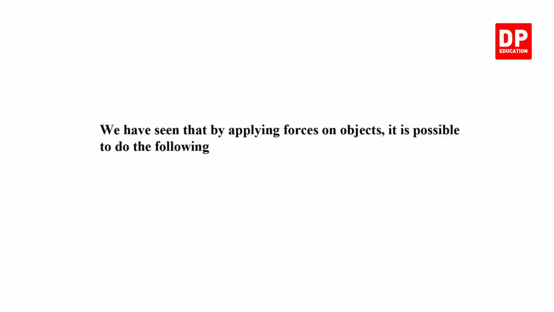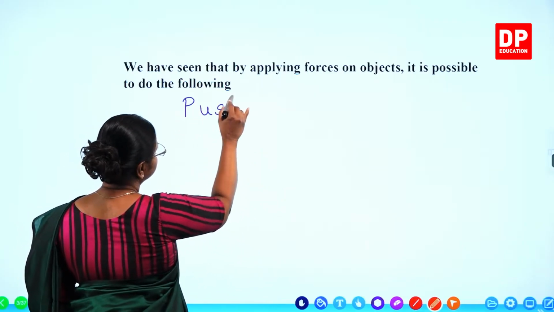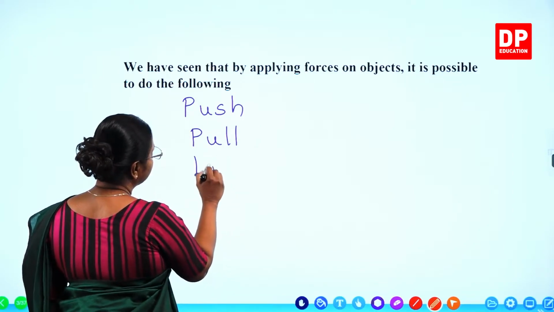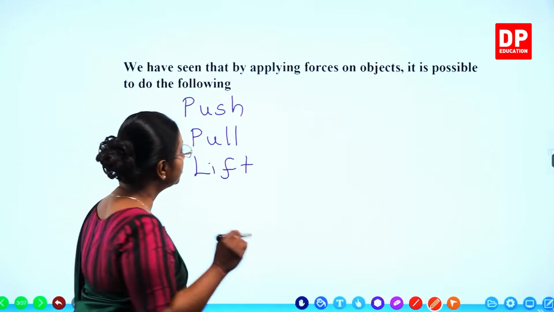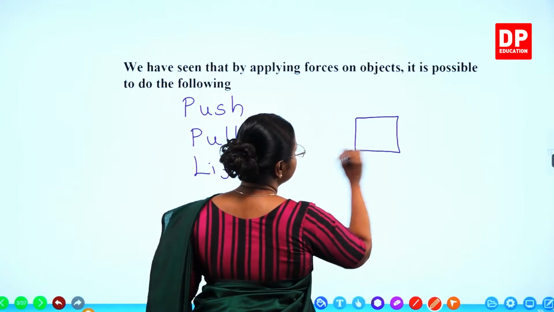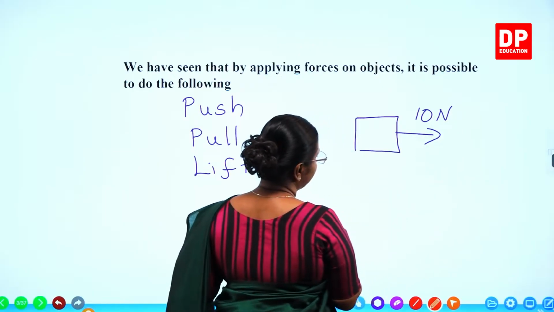We have seen that by applying forces on objects, it is possible to push an object, pull an object, or even lift an object. Now you are familiar with these examples. We apply a force, let's say 10 Newton force towards this direction.